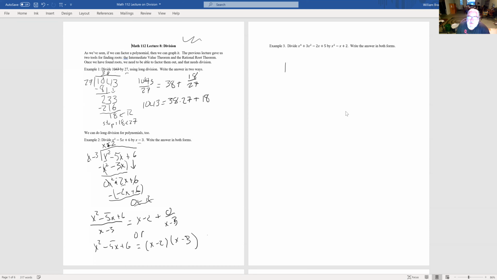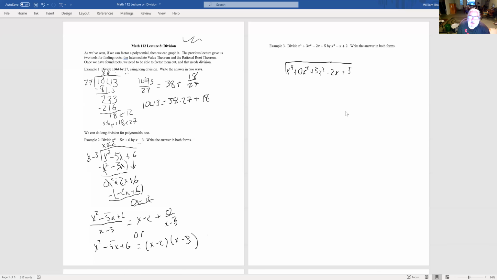So I'm going to want my polynomial that I'm dividing, x to the 4th. It doesn't have an x cubed term, so I'm going to include it anyway because I need a column there, right? So there's a 0x cubed in there, plus 3x squared minus 2x plus 5, and we'll bring that over a little bit.